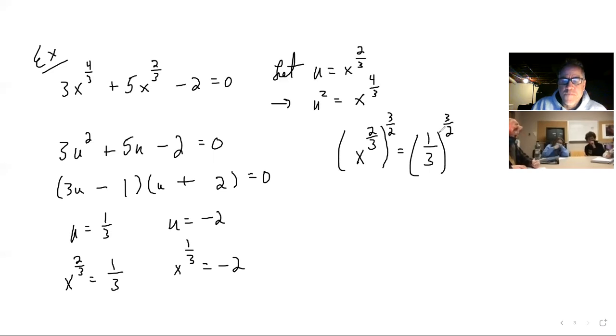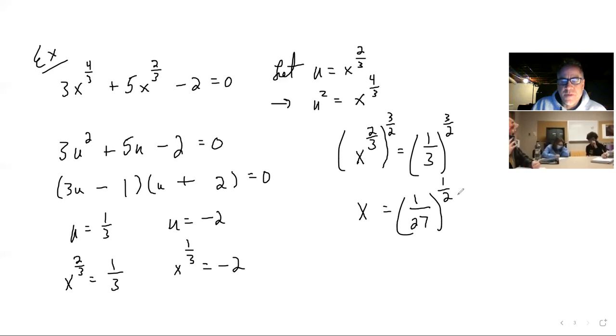All right, so here, 3/2 times 2/3 is 1. So that's easy enough, x to the first. But here, I'm going to do this in 2 steps. I'm going to first cube both, and that's going to give me 1/27. And now still to the power of 1/2.